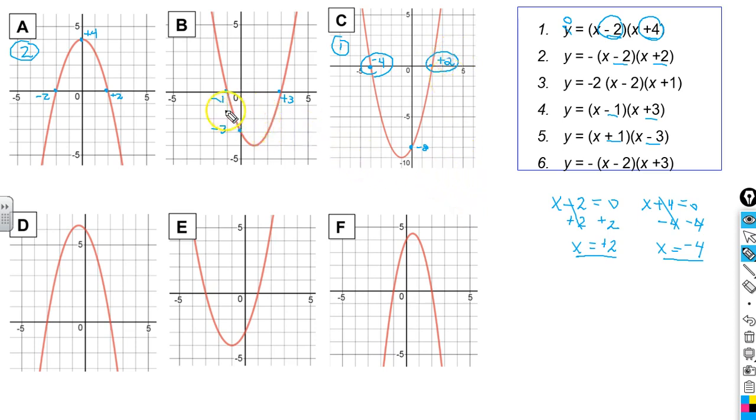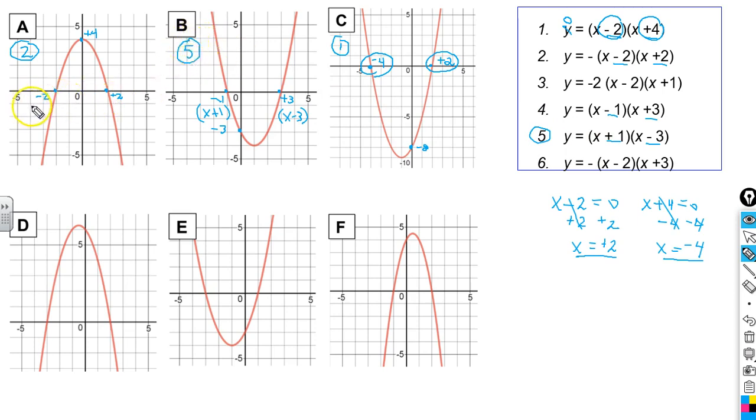And so if we were to look for the same pattern here for B, a negative 1 would be x plus 1. That would be my factor. And a positive 3 would be an x minus 3 as a factor. And so if we look over here, the x plus 1 and x minus 3, that would be the fifth equation.